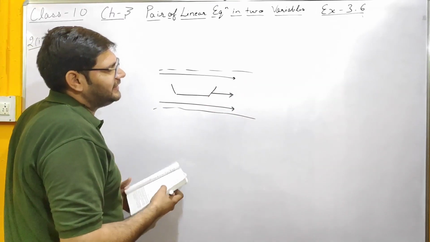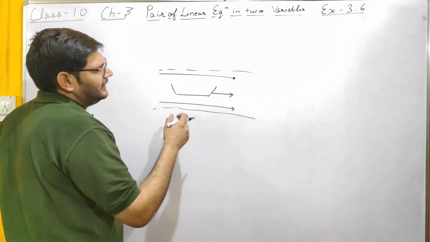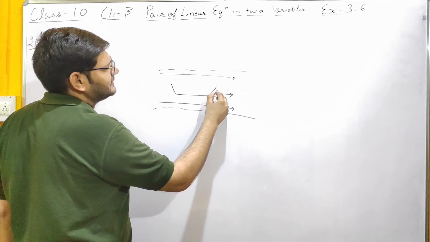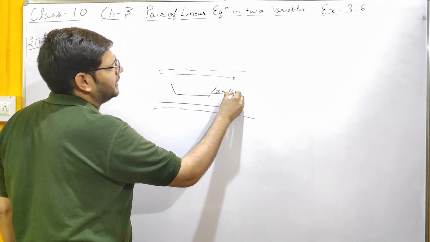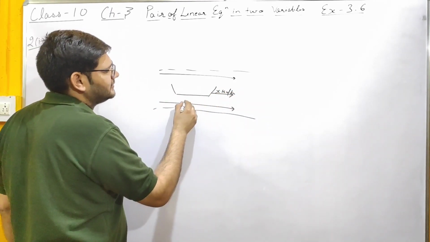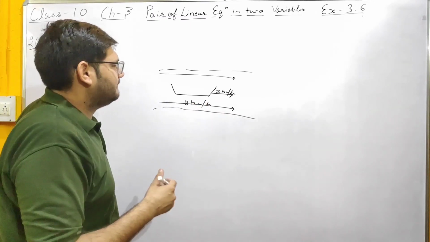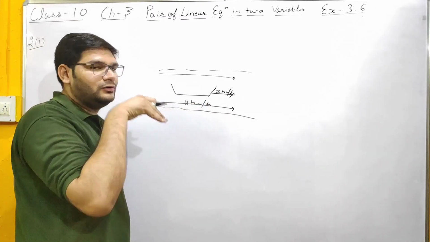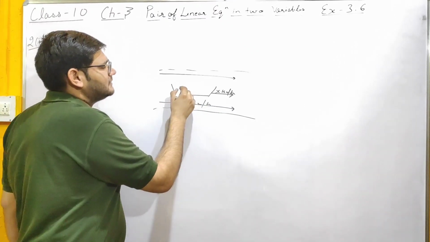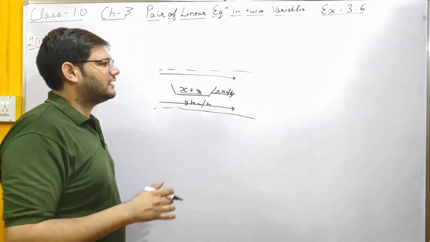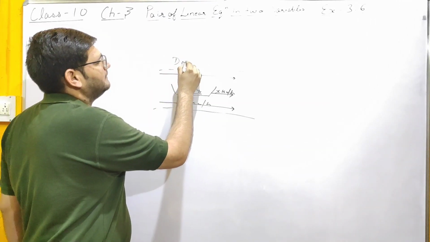Suppose the speed of rowing the boat is x kilometers per hour, and the speed of current is y kilometers per hour. Now dear students, if the boat goes with the flow of water, then the speed will be added. It will become x plus y kilometer per hour. This is for downstream.